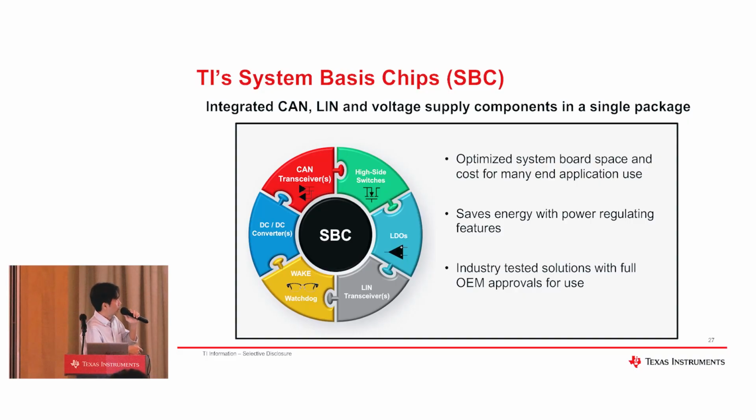This is optimized because we put everything inside one chip, so the board space will be smaller. And because this is one single chip, the power consumption can be reduced because we can control each portion of the chip.